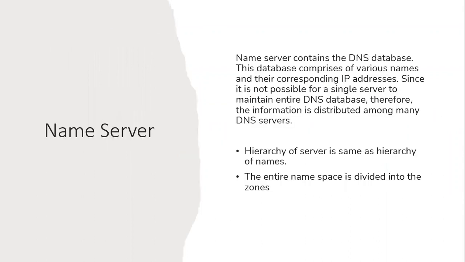No? Name server, class. A name server contains a DNS database. This database is comprised of various names, no, and their corresponding IP addresses. So since it is not possible for a single server to maintain the entire DNS database, the information is distributed among many DNS servers. So the hierarchy of servers is the same as the hierarchy of names.